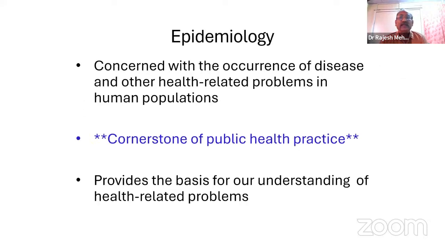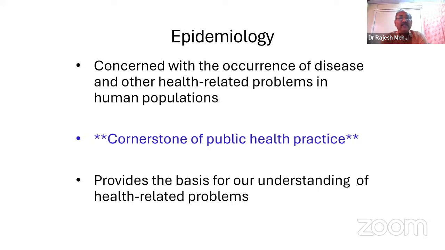So we'll now be going for the basic understanding of epidemiology. And while we talk about epidemiology, you should have at least one or two subjects in mind to which you can relate this word. Initially, when we were talking about epidemiology, we were talking about diseases, particularly infectious disease. But now we talk about non-communicable disease also, and health-related problems also.